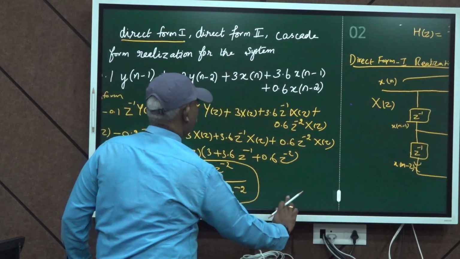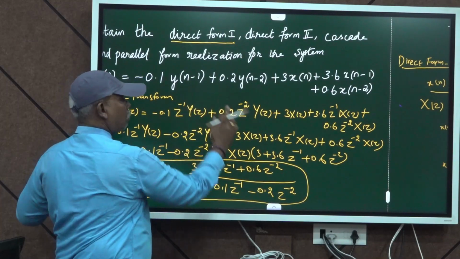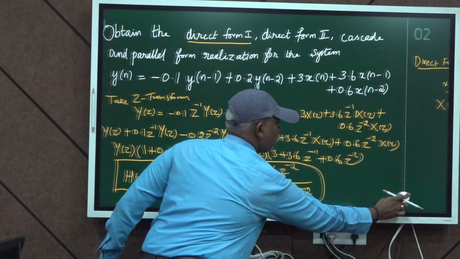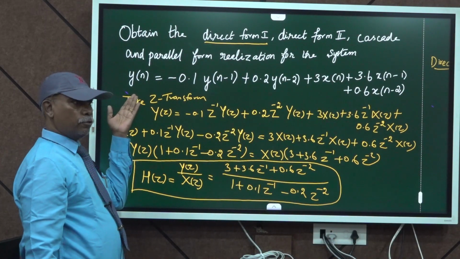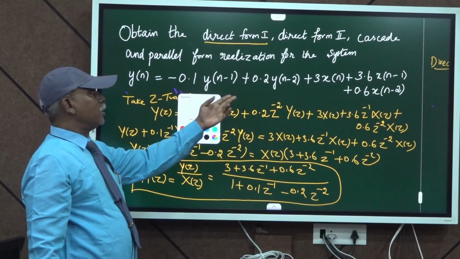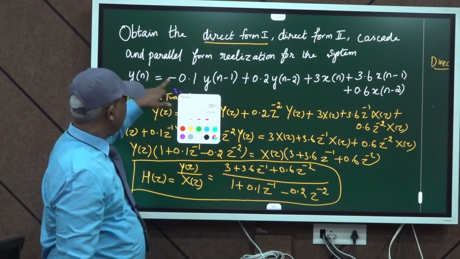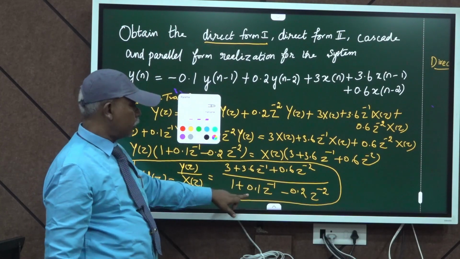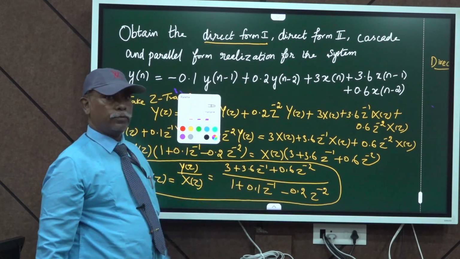Here you see very clearly that y of n is the output, equal to minus 0.1 here and plus 0.2 here. But after simplification, what you get is that minus 0.1 becomes plus 0.1 and plus 0.2 becomes minus 0.2.